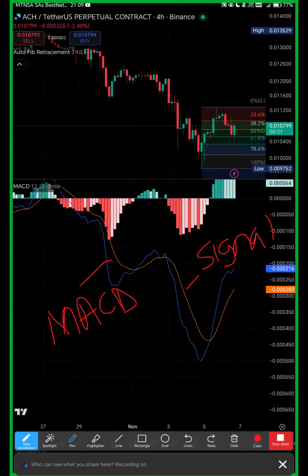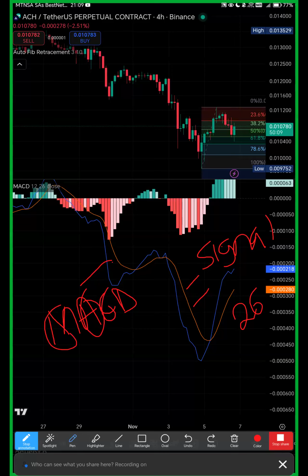This signal line is a 26 moving average. Remember, MACD represents moving average convergence divergence. So this orange line is a 26 line. It looks at 26 candles. That's what it does.